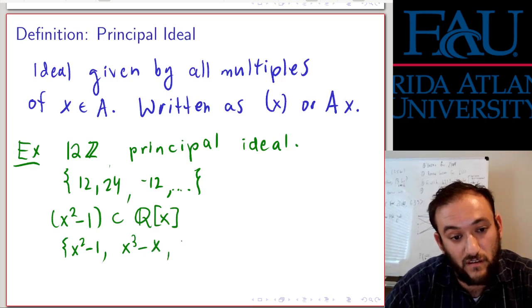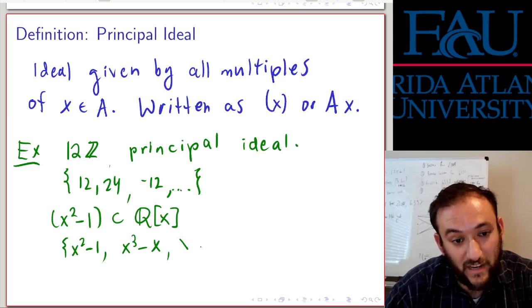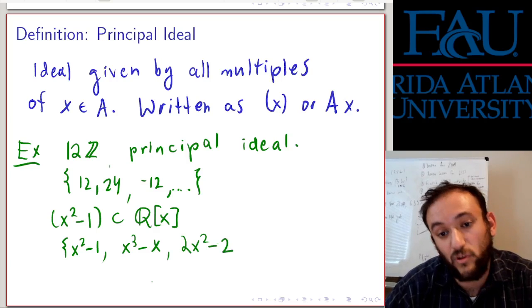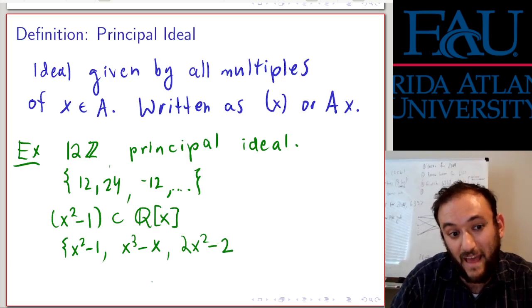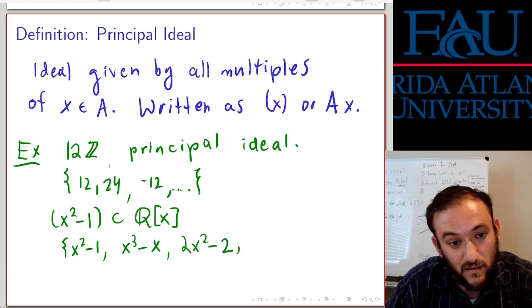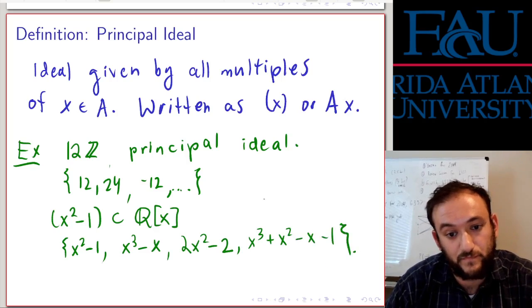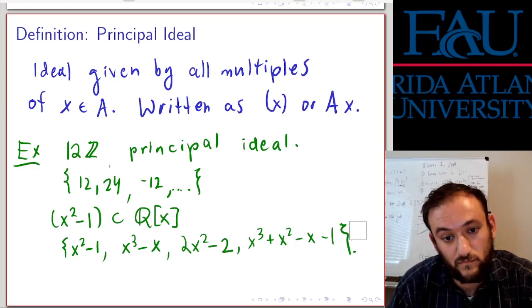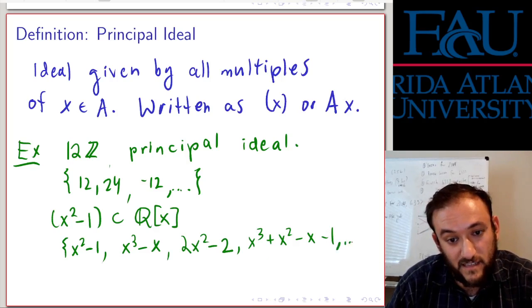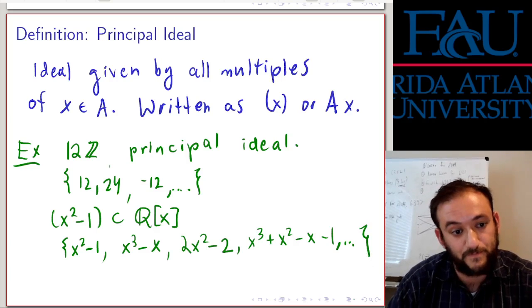You'll have 2x squared minus 2. And then you also have things that you get from adding these together, so for instance, x cubed plus x squared minus x minus 1. And obviously that does not exhaust the list of multiples.